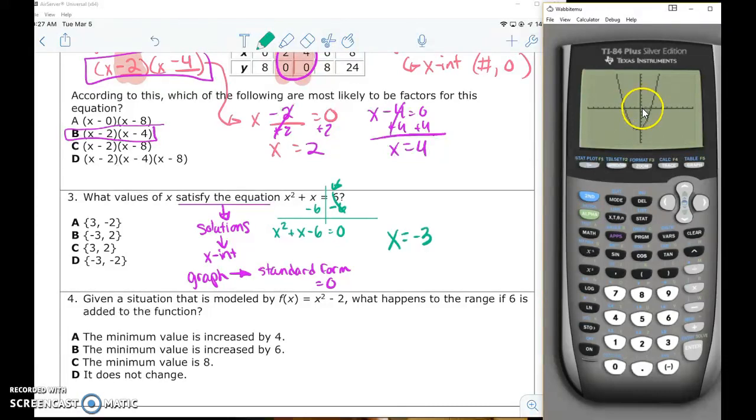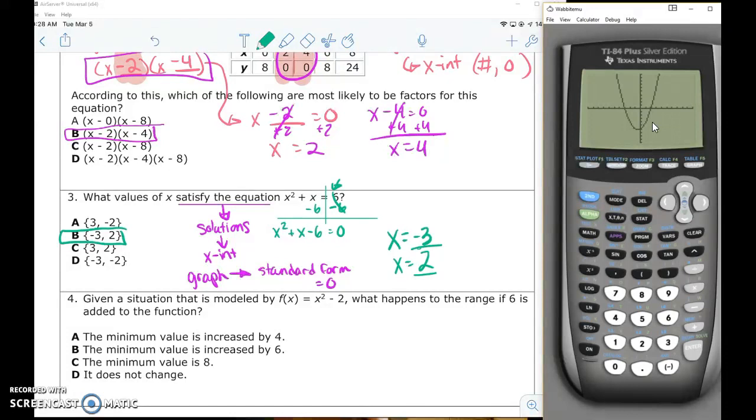My second solution, x equals positive 1, positive 2. So note on our answer choices these little curly brackets. These brackets denote that these are two separate answers. These are not ordered pairs. So these are my two x-intercepts, negative 3 and 2. Option B.